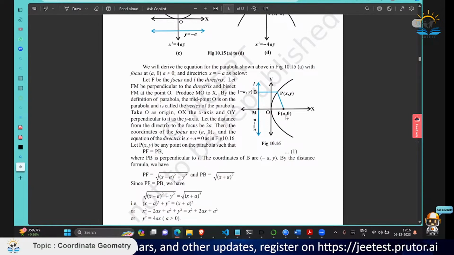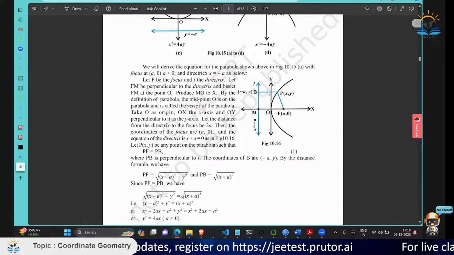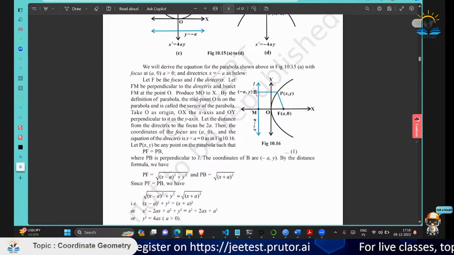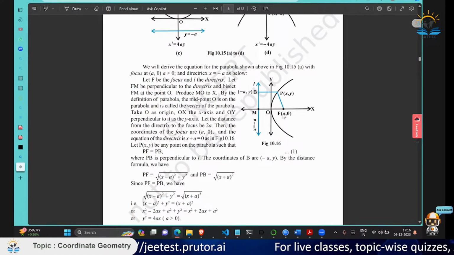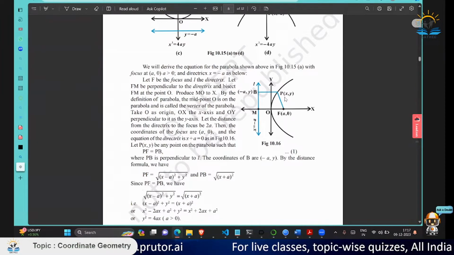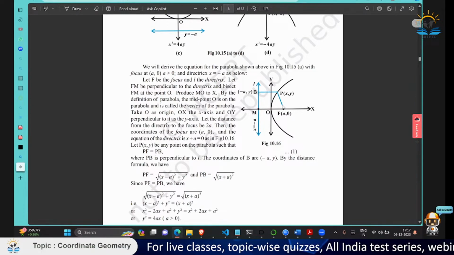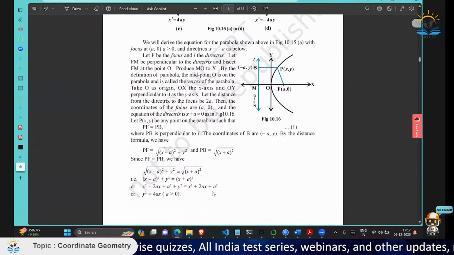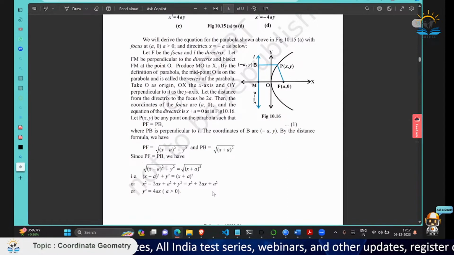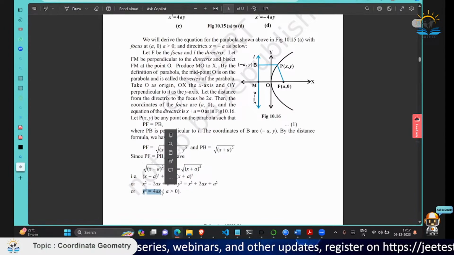Assuming the focus is a comma 0 because the axis lies on the x-axis, and taking this point B on the directrix as minus a comma y, and taking a random point P as x comma y, we can equate these two distances. After equating these two distances, what we get is y square equal to 4ax, where a is greater than 0.